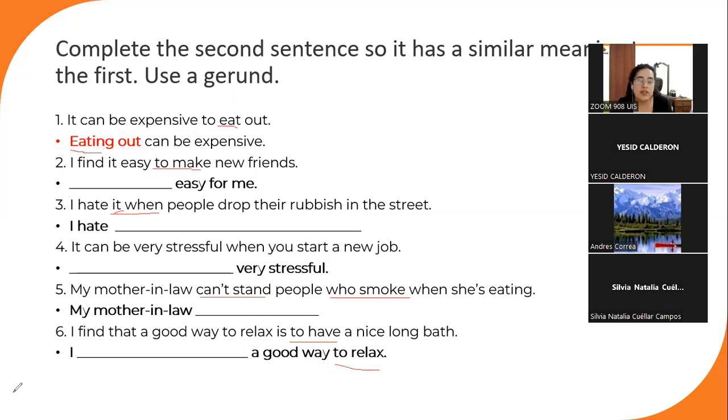Ese es el uso más común de los gerundios como sujeto de la oración. Para no decir, yo visito a mis padres, sino visitar a los padres es bueno. O tomar agua es saludable. Drinking water is healthy. ¿Ok? Ese sería como el uso de los gerundios. Alright?